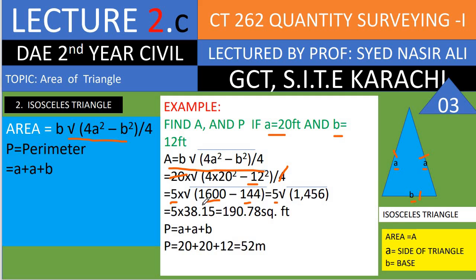Just subtract 1600 minus 144, we get 1456, square root of 1456 is 38.16, multiply by 5, we get the result 190.78 square feet. For perimeter, just add all sides, 20 plus 20 plus 12. This 20 is 2 times and b is 12 feet. Add them, we get 52 meter perimeter.